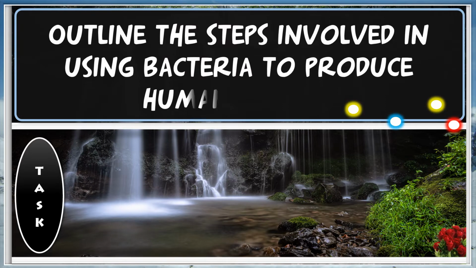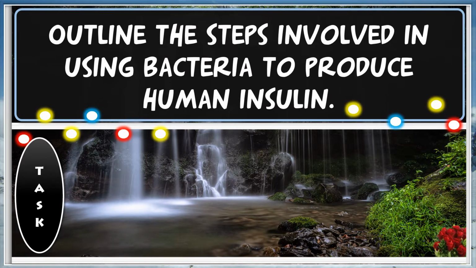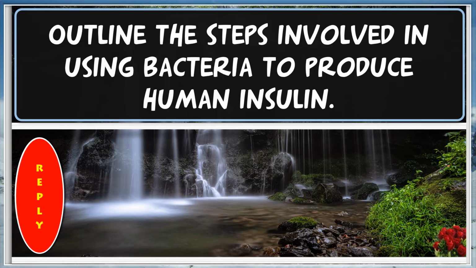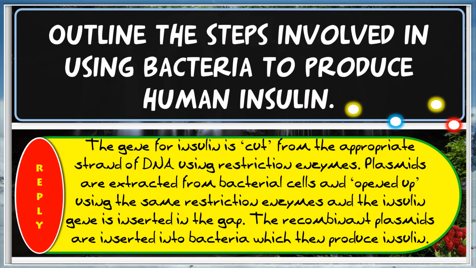Outline the steps involved in using bacteria to produce human insulin. The gene for insulin is cut from an appropriate strand of DNA using restriction enzymes.